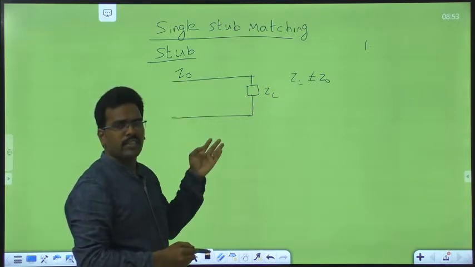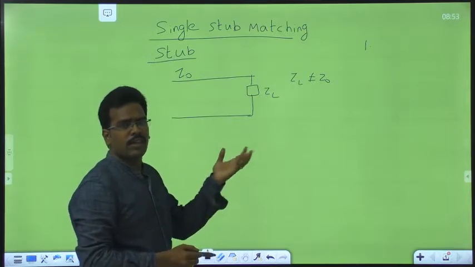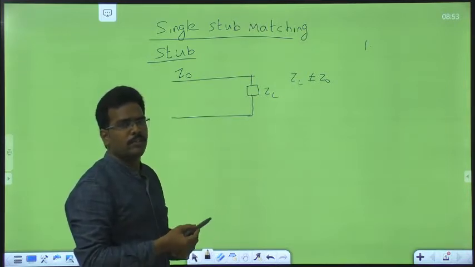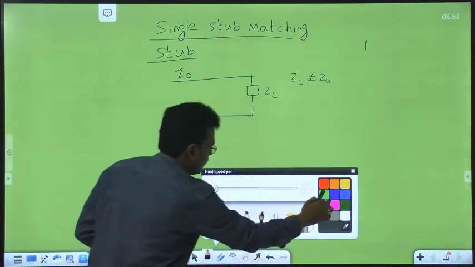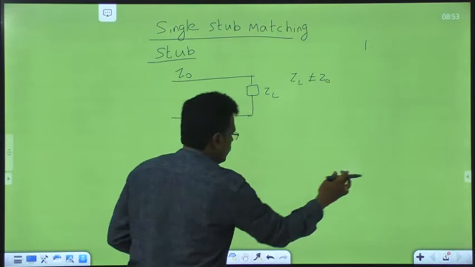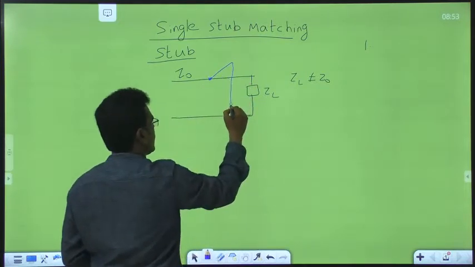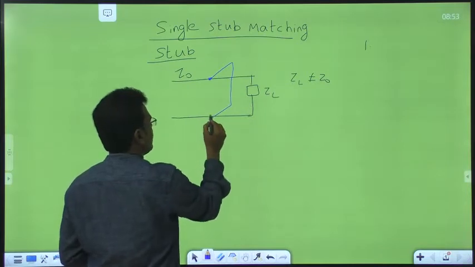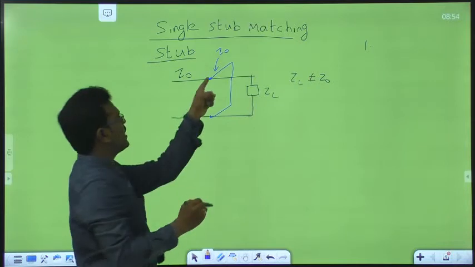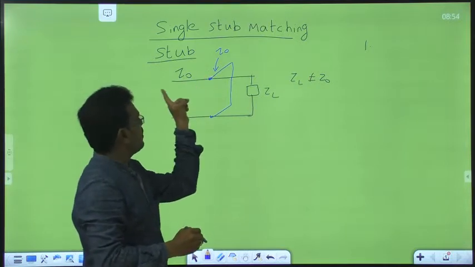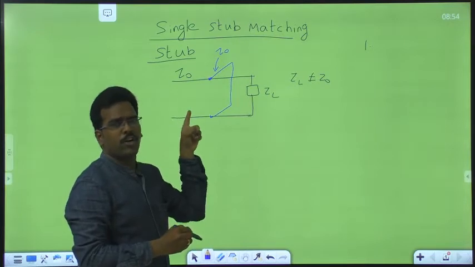Therefore, reflection takes place. Our objective is to do impedance matching to avoid this reflection of waves. Here we are going to use another transmission line, which has the same characteristic impedance Z0, and the main transmission line also has characteristic impedance Z0.